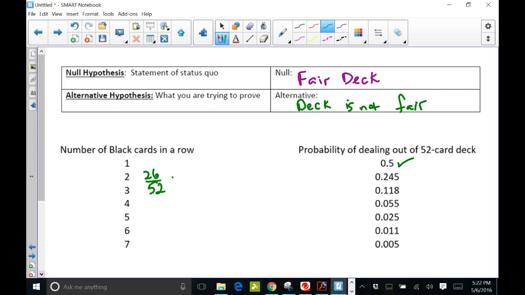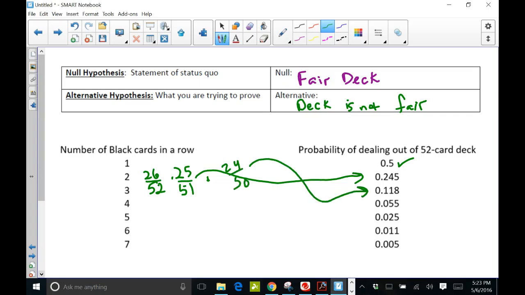The second one then picking a black would be 25 out of 51, which gives us 0.245. Now, if we go to the third person and we say how likely is it that 3 black cards in a row, we would just have to take this answer and multiply by 24 out of 50, and we would get 0.188.